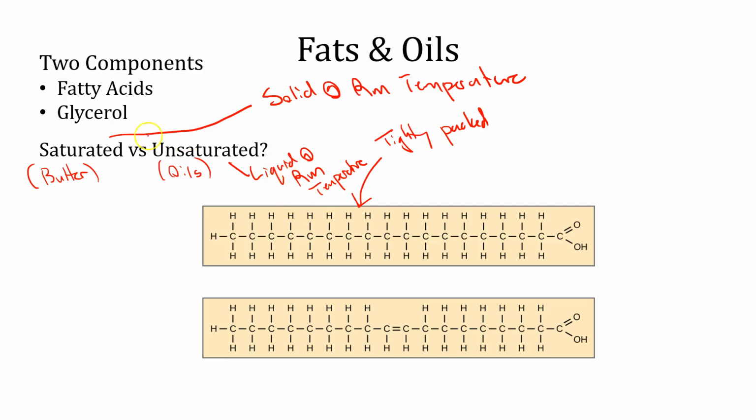If they don't have any double bonds, they're nice and linear, so they are really packed. They're going to be solid at room temperature. But if they're a little bit more loose because the double bonds are kinking the molecules and they can't gather all that tightly together, then they're not going to be as solid, so they end up being liquid at room temperature and it's an oil.